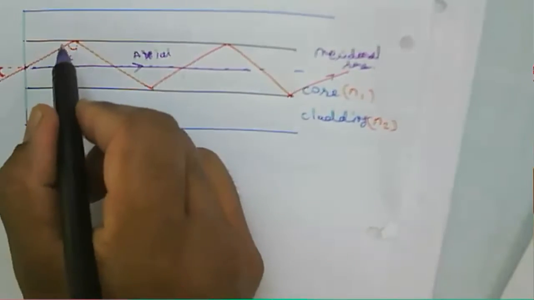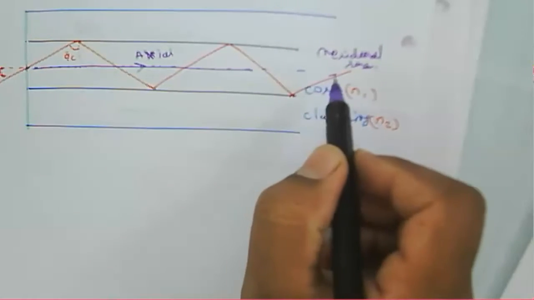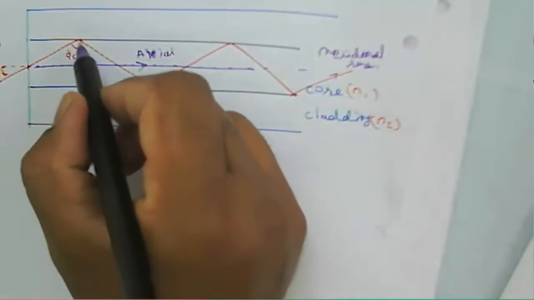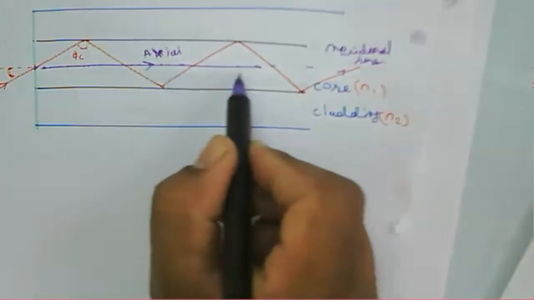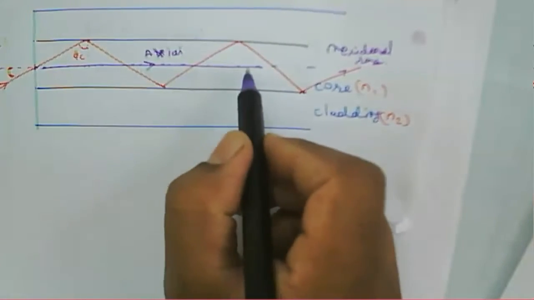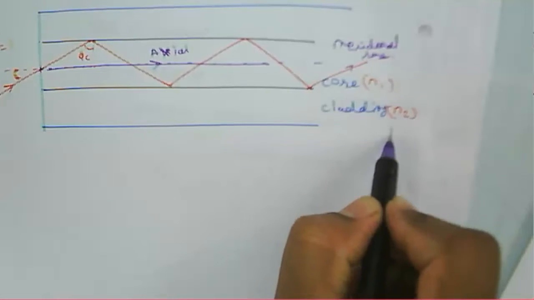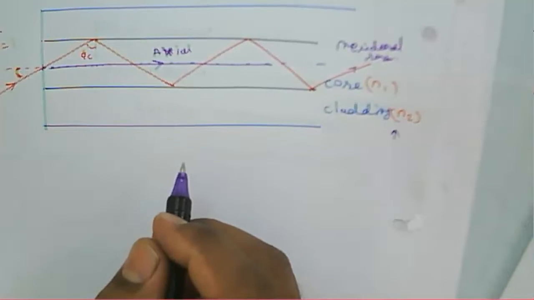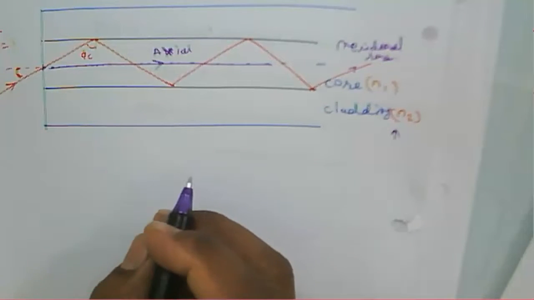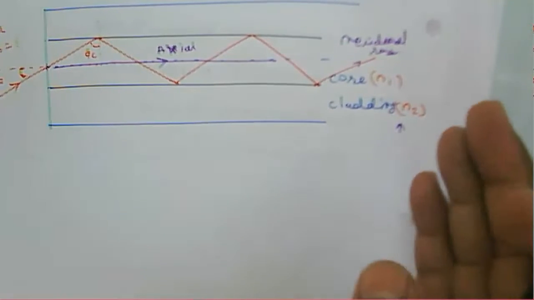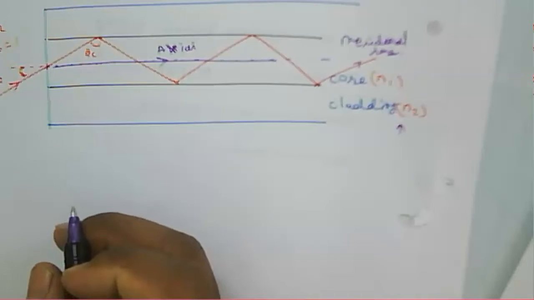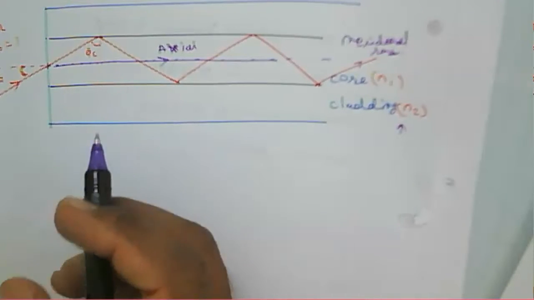Why is there a delay difference? Because the rays are propagating with different paths. This one is reflecting, and this one is propagating throughout the core here. So if you consider a receiver at this particular end of the fiber, because of the difference in path length, they reach at different times.